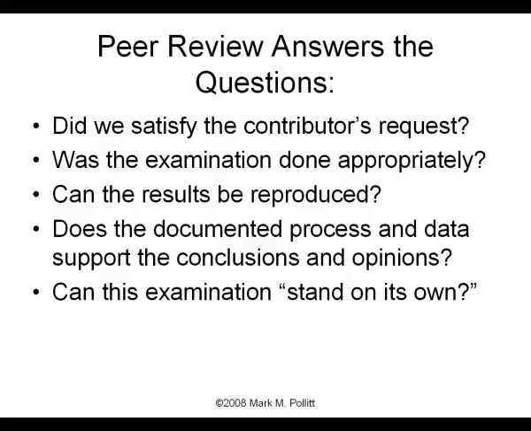The conclusions have to be supported by the data obtained in the results section. And the results section, of course, has to track with what you said that you did as your steps taken. And last but not least, your conclusions and opinions have to be based solely on the facts that you've developed and documented in your results section. So each one of those sections depends on the previous one. And so one of the key questions in a peer review is, did you in fact support each of these at each of these levels so that it supports the one above it?